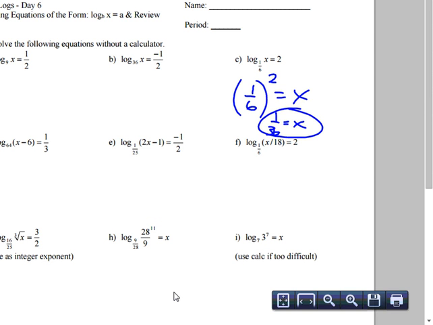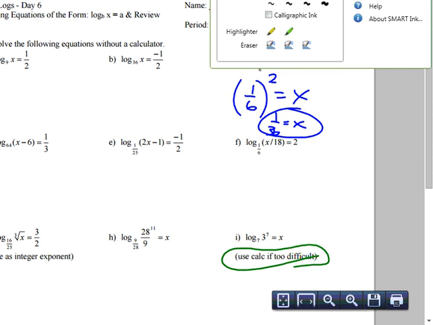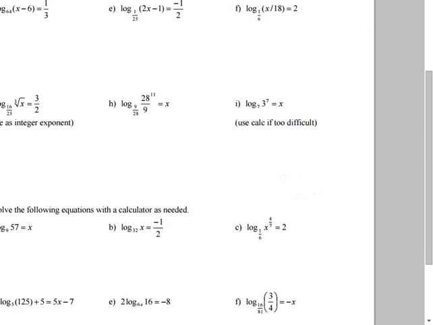Okay, there is a section near the bottom where they start saying use a calc if it's too difficult. That's sort of a challenge to those of you that are kind of smart, that you could probably do this one without a calculator. But if you can't handle it, fine, use the calc. And then the last section of the worksheet is just plain old use the calc, because the problems are too complicated.